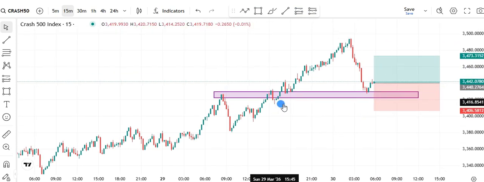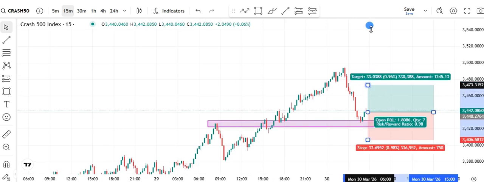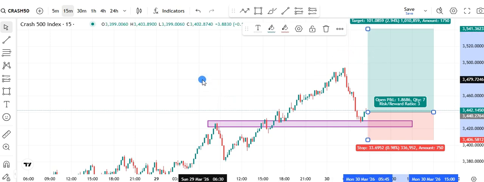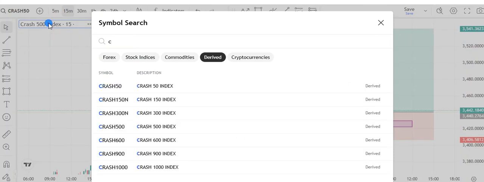My stop loss, I'm targeting below this. Then my take profit is a minimum of 1:2 risk to reward ratio, maybe 1:3 risk to reward ratio. All right, so that's that for crash 500. That's actually straightforward. So I go to the final one, which is crash 1000.